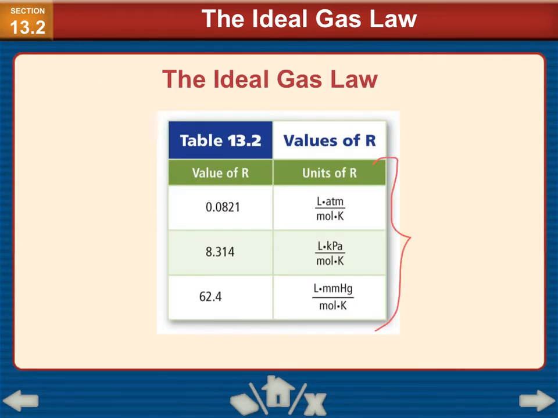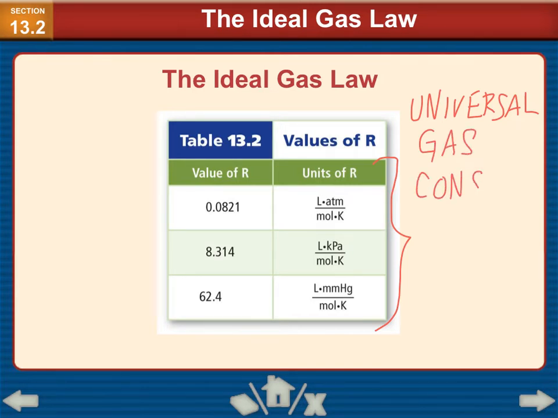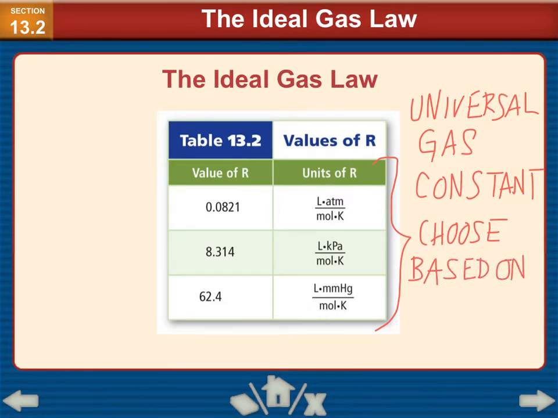These are the values for R, the ideal gas constant, often called the universal gas constant, and it's used in the ideal gas law. The value of R, as I mentioned, depends on what the units are for pressure in your exact calculation. If the unit of pressure is in atmospheres, then you pick the first R, the value of R of 0.0821 liter atmosphere per mole Kelvin.